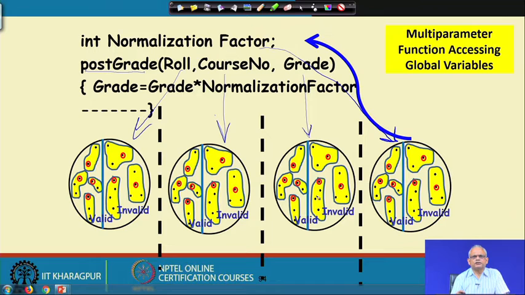As an extension of our discussion of multi-parameter functions, a global variable accessed by a function is similar to a parameter to the function, and therefore, we must identify the equivalence classes corresponding to that parameter, and then we combine the points from these different equivalence classes.